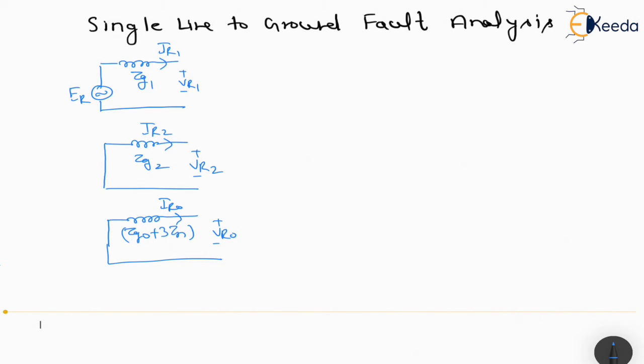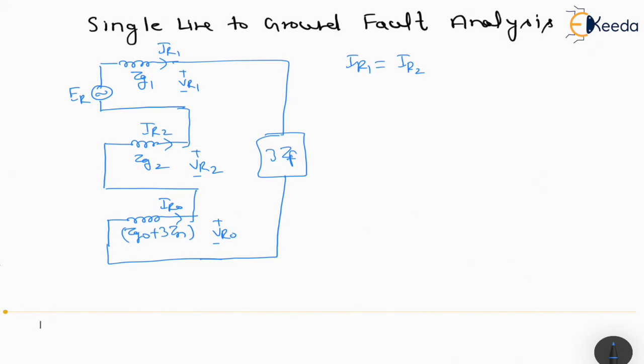Now what we are going to do in single line to ground fault analysis is connect these three networks in series like this with 3ZF impedance. And you can see here the value of IR1 is equal to IR2 is equal to IR0. That is the first thing. Second thing, you can calculate IR1 as ER upon ZG1 plus ZG2 plus ZG0 plus 3ZN plus 3ZF.